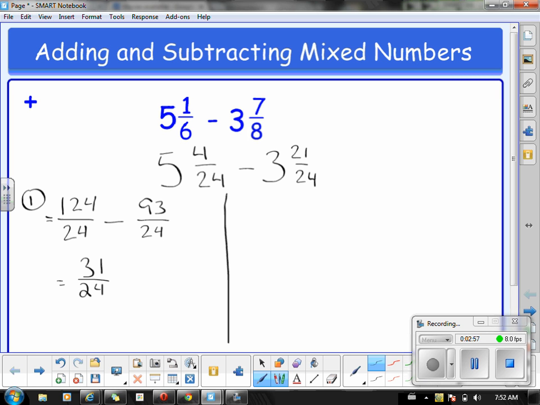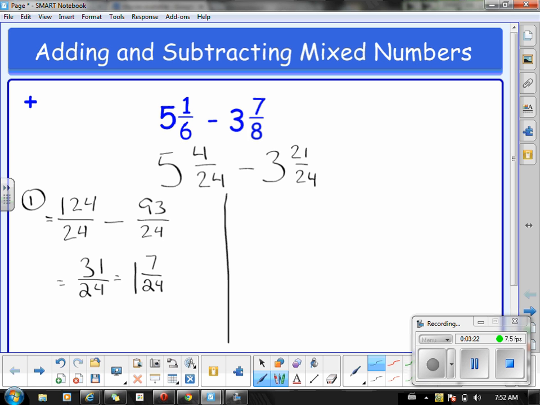It's an improper fraction though. So we say 24 goes into 31 one whole time with 7 over 24 left over. So this is the easier way, but you're going to be working with bigger numbers. The other way is a lot quicker, but kind of harder to understand.